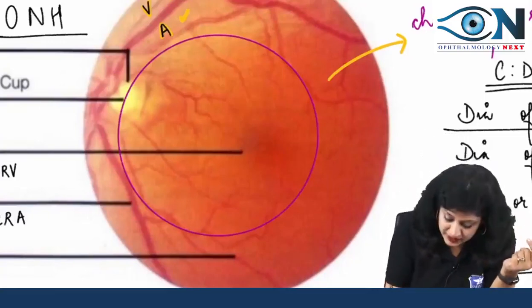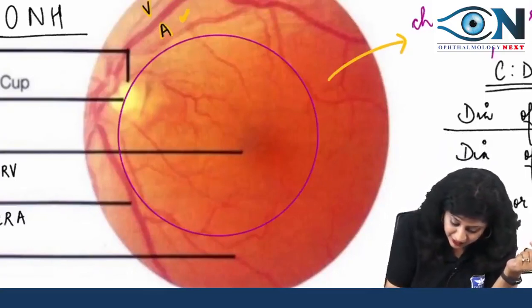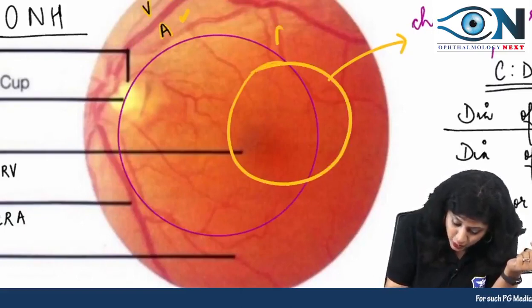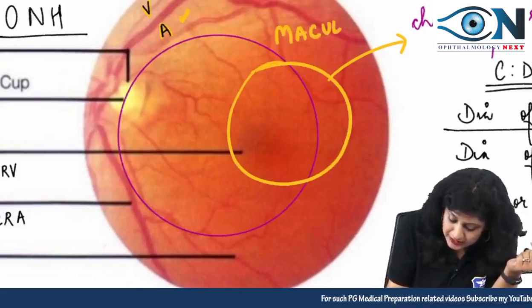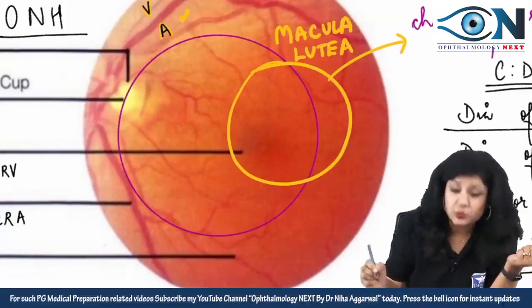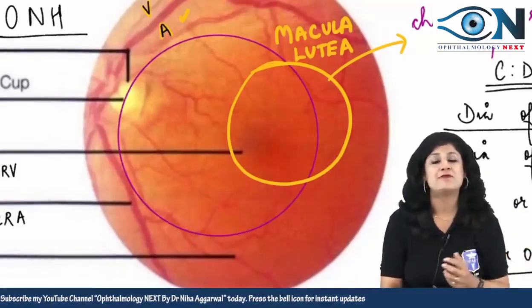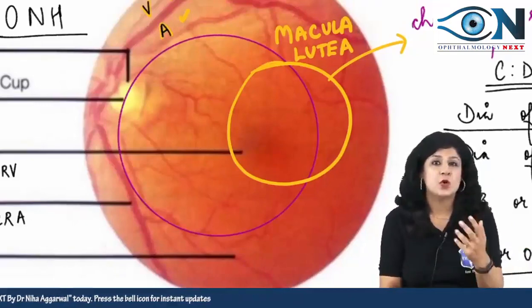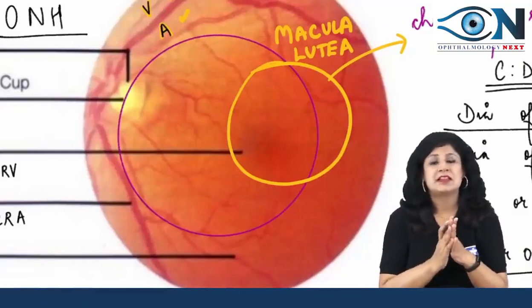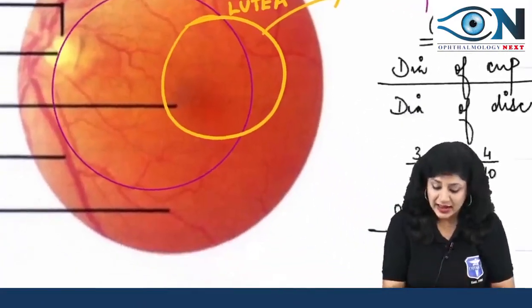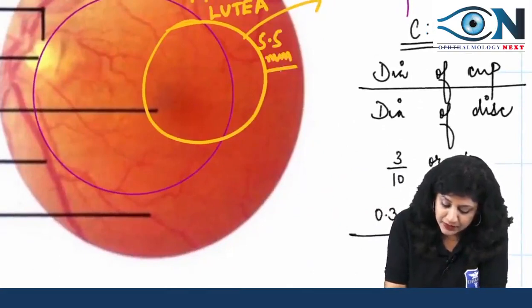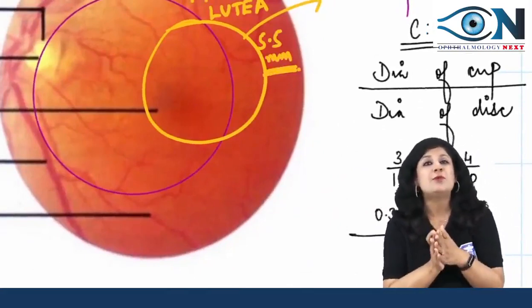While towards the temporal side, I have another important thing, and that is actually your macula. This is called as macula, and the full name will be macula lutea. Lutea actually has come from the word lutein, that means yellow. So, it is yellowish in color due to the presence of the pigments, and that is why it is called as a yellow spot, and the diameter of this macula is 5.5 mm.